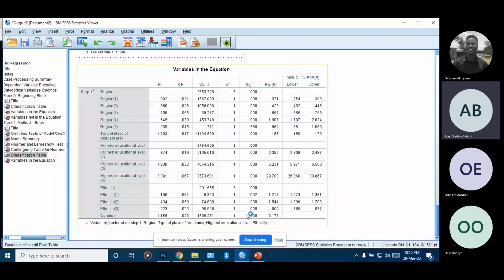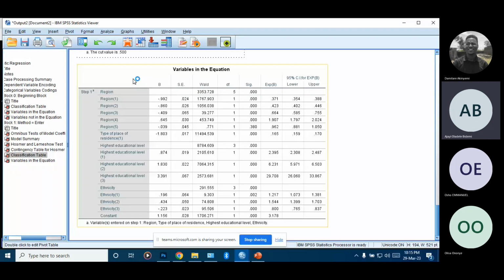Okay, now for the main output. Whenever we run a binary logistic regression, the most important thing for our interpretation is the odds ratio.